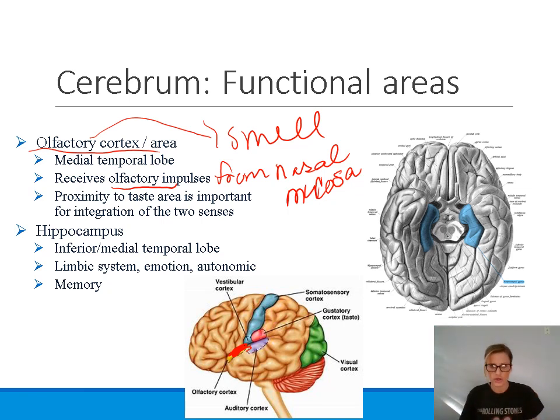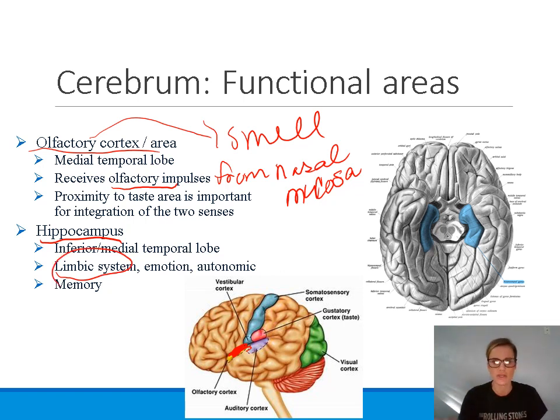Another functional area that's also on the medial aspect of the temporal lobe, just on the medial and inferior side, is the hippocampus. The hippocampus is an important part of the limbic system, which we said was the emotional brain.